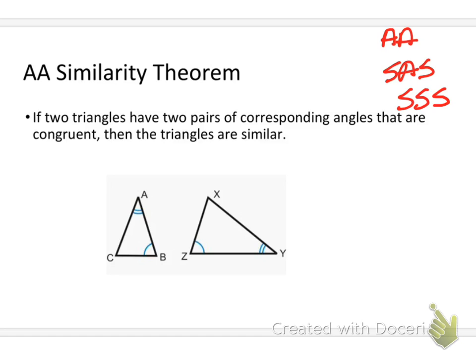Okay, so proving AA means if you can find 2 angles that are identical between the 2 triangles, then those 2 triangles must be similar.